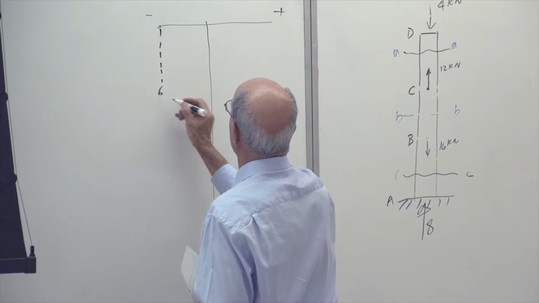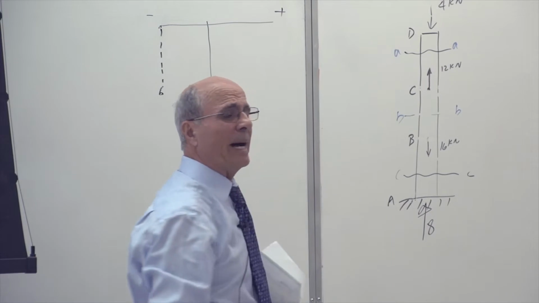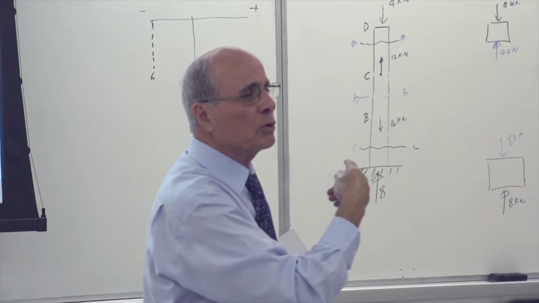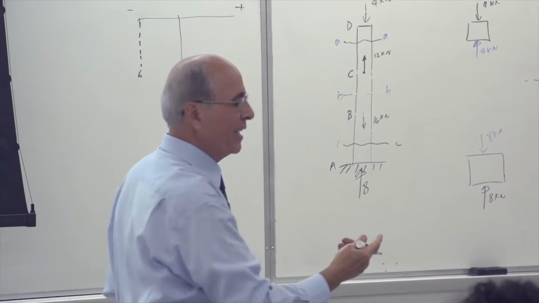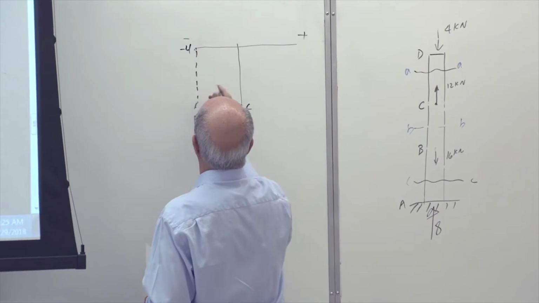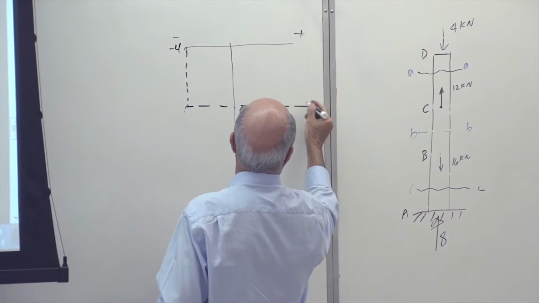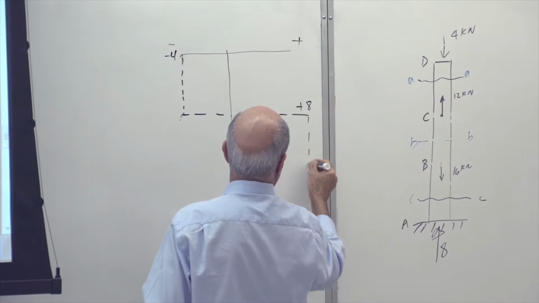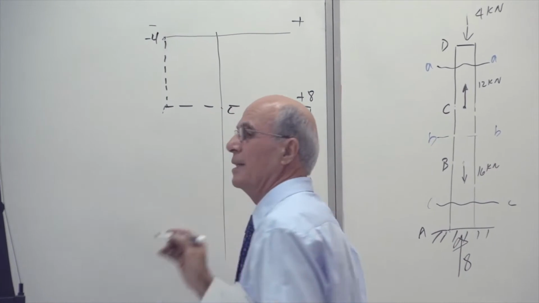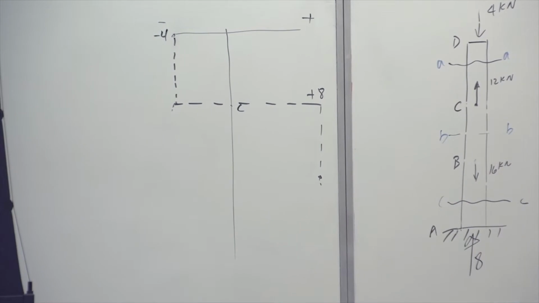When I reach point C, suddenly I am adding how much? 12. So from minus 4, I have to go to plus 8. Then you continue to point B. At point B, suddenly you are adding negative 16.